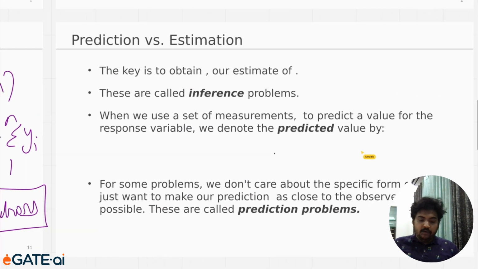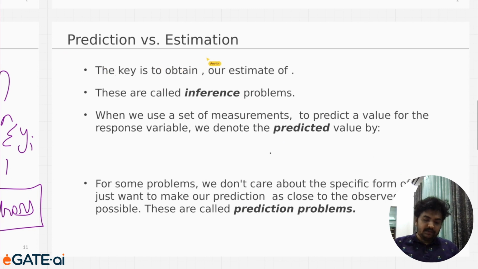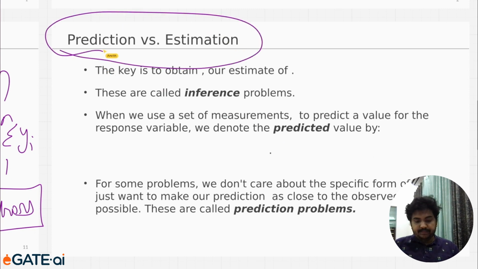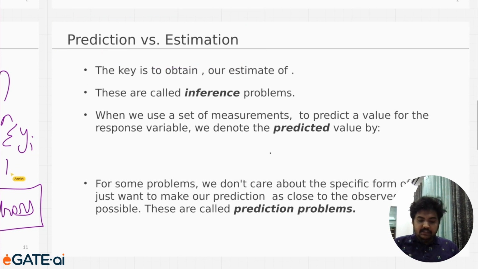And broadly we can say there are two ways to look at it. There is prediction and estimation. So for us, the key is to obtain an f hat, where f hat is nothing but our estimate of f. So we are interested in finding the particular function f hat.